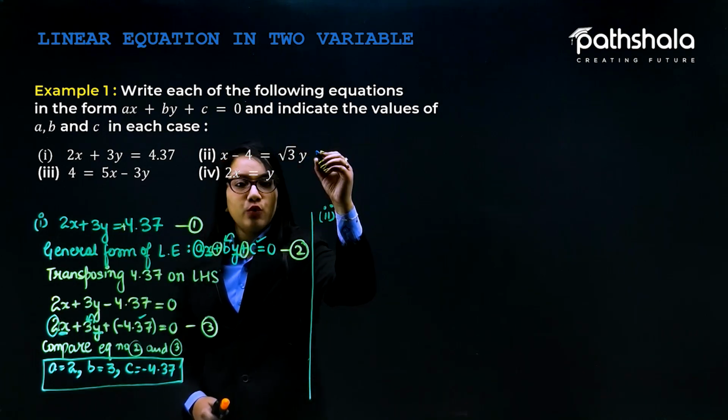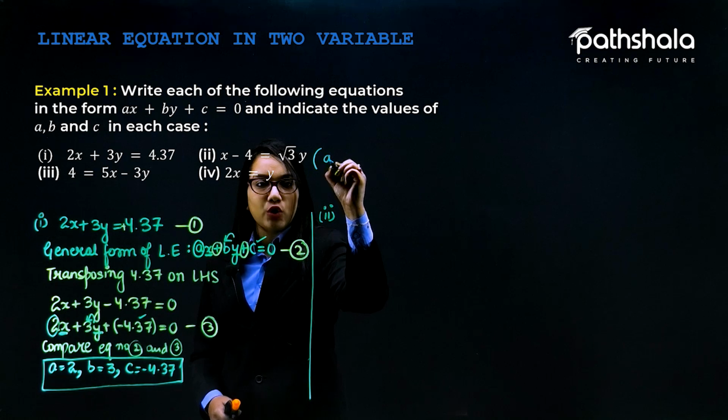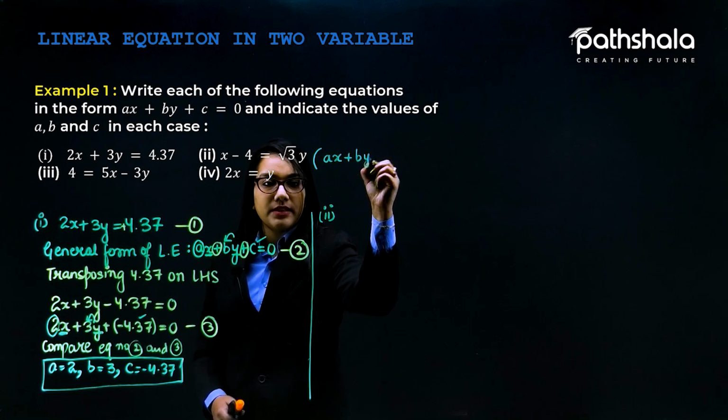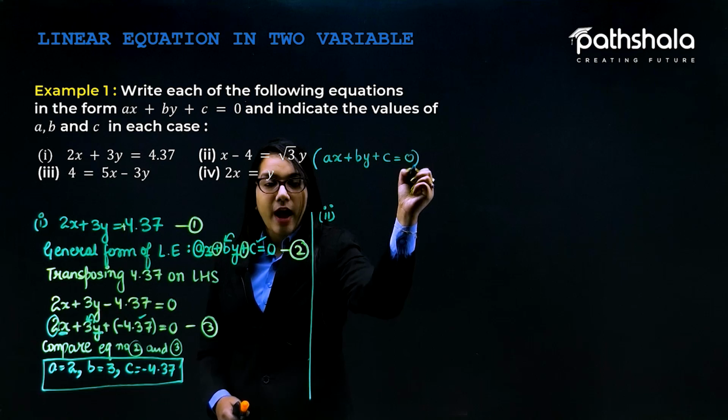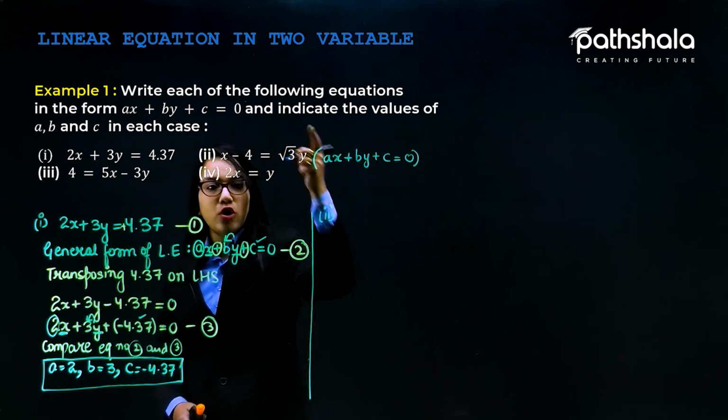First of all, we do know that we have to express it into the form of ax plus by plus c is equal to 0. It means we have to transpose root 3y towards the other side.